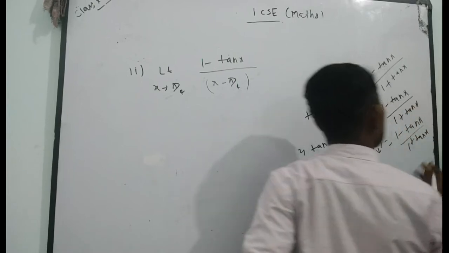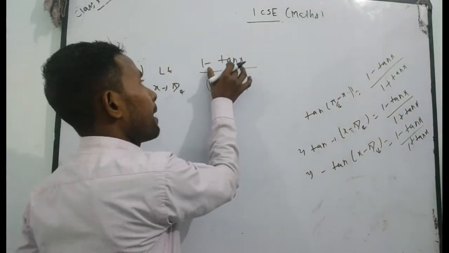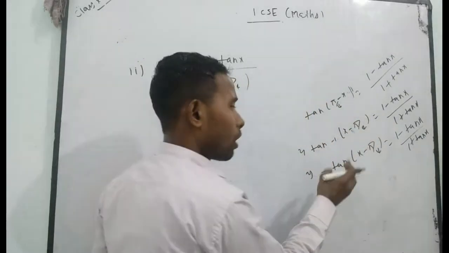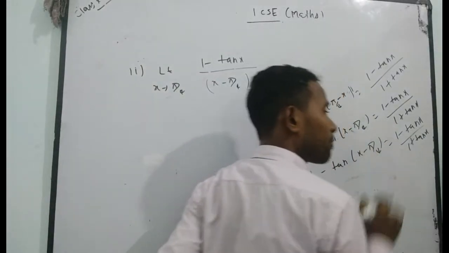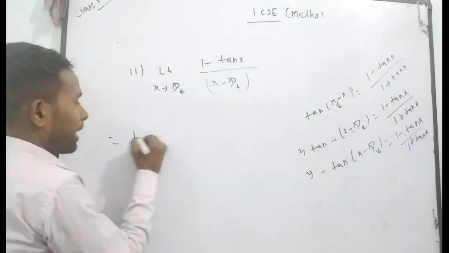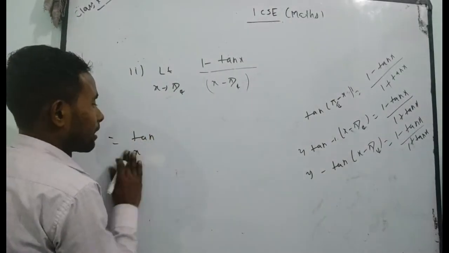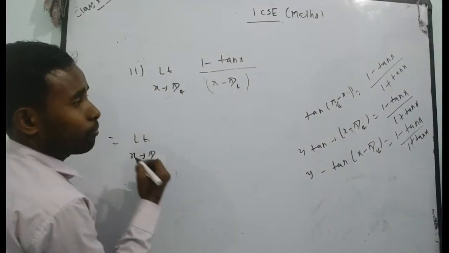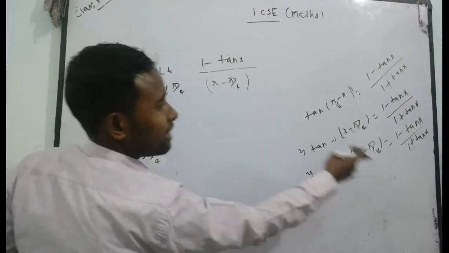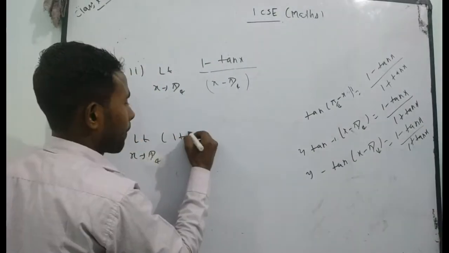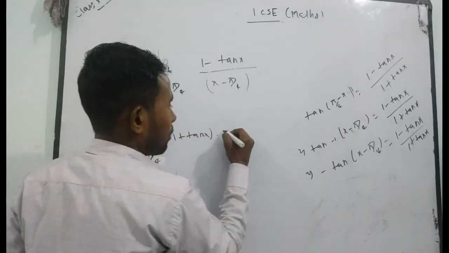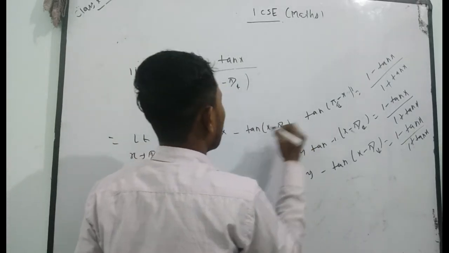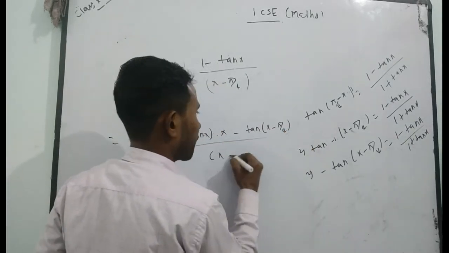Now simply put, in place of 1 minus tan x, it is 1 plus tan x into minus tan(x minus pi by 4). This is the smart method to solve this kind of problem. So 1 minus tan x is equal to (1 plus tan x) into minus tan(x minus pi by 4) divided by (x minus pi by 4).